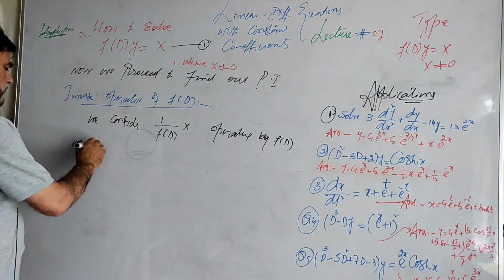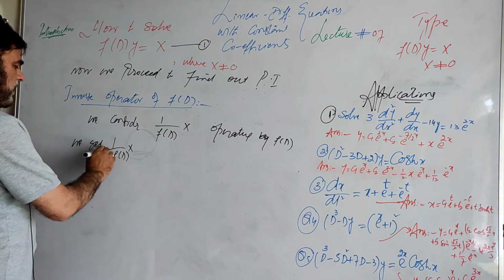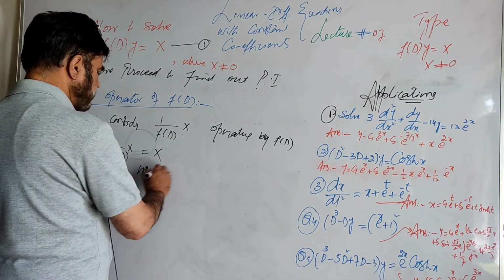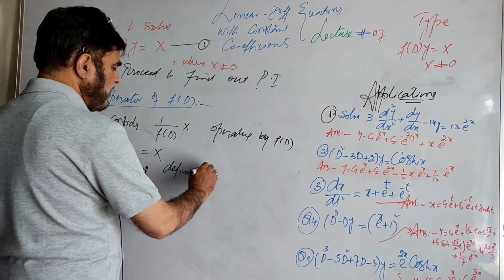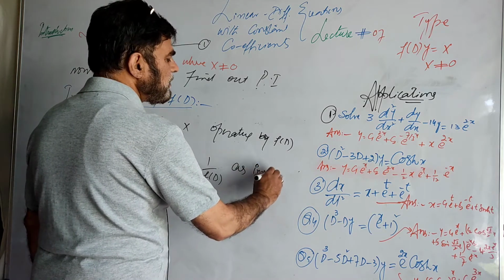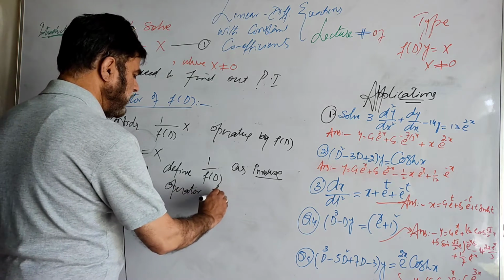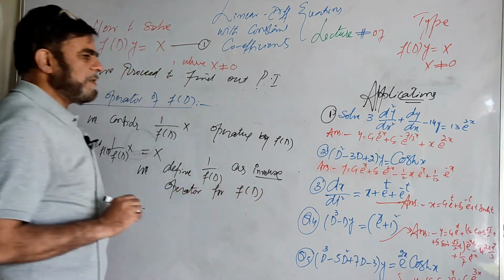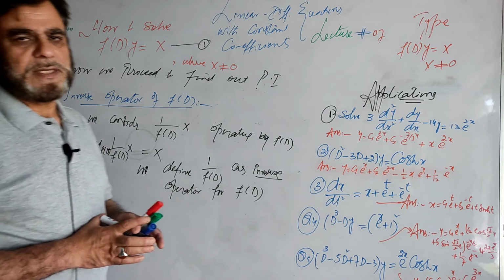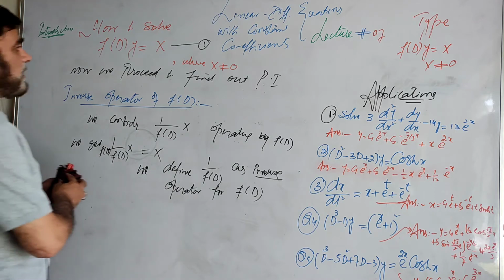We get 1 by f(D) X, f(D), is equal to X. We define here 1 by f(D) as the inverse operator for f(D). Remember this, because we will be dealing now with 1 by f(D) X, and later on this 1 by f(D) X will be called the particular integral. One more thing I want to share here, we may require it in future.